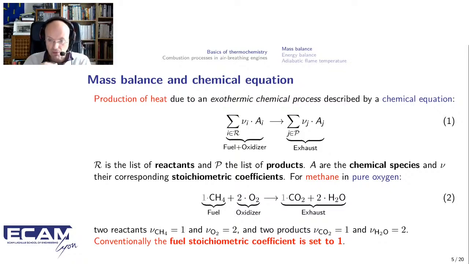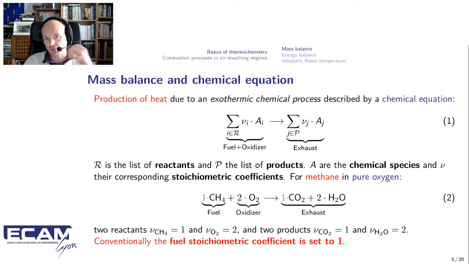If you take a look again at this reaction, you will see that the stoichiometric coefficient of methane is equal to 1 for a really good reason: it's because it's the fuel. Conventionally in combustion engineering, fuel is the component we have to pay for, and sometimes it's really expensive. Also, it's the reference component.